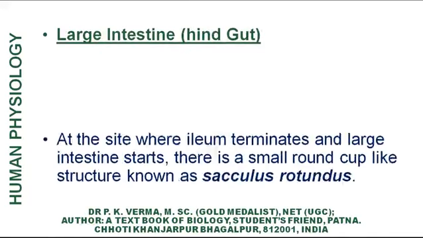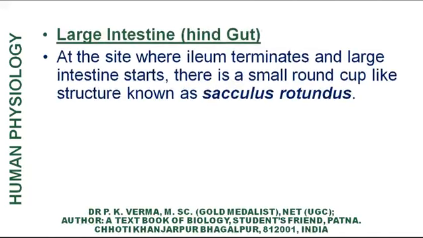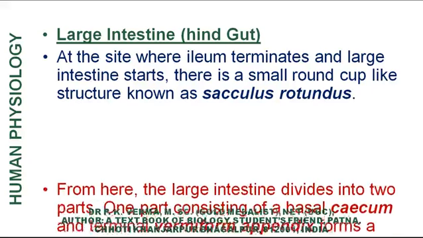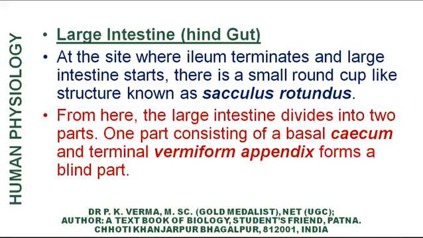The large intestine or hindgut. At the site where the ileum terminates and the large intestine begins, there is a small round cup-like structure known as sacculus rotundus. From here, the large intestine divides into two parts.